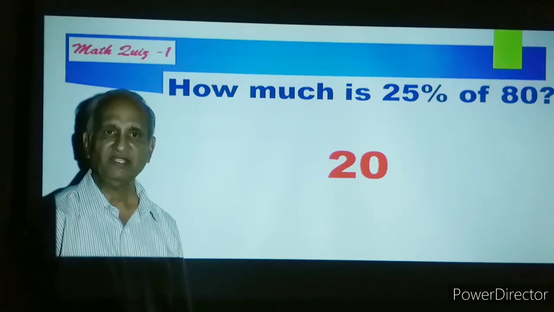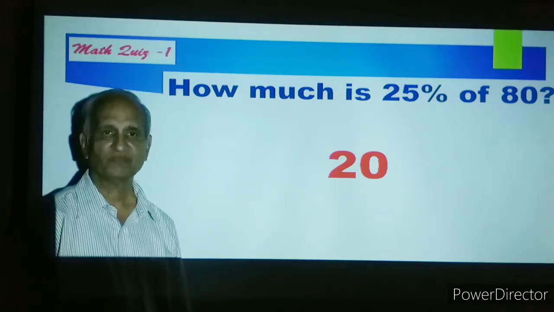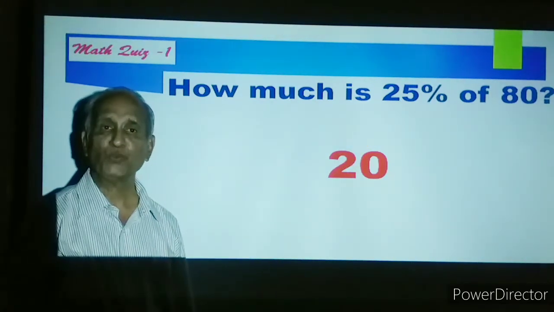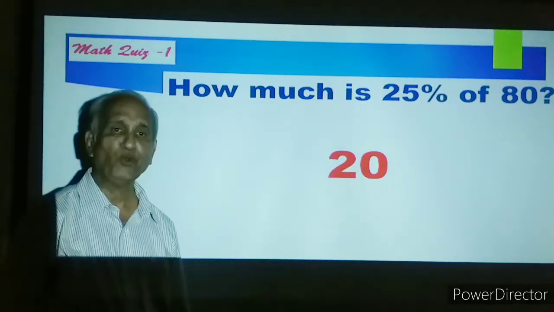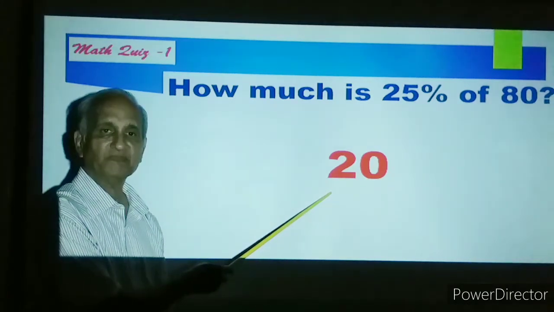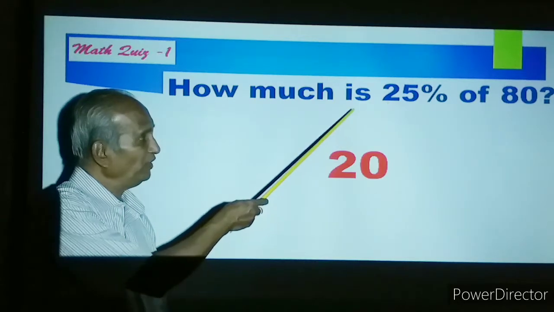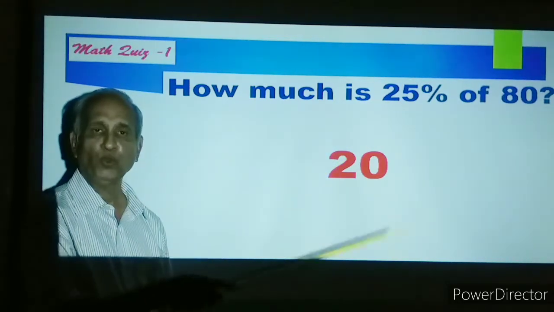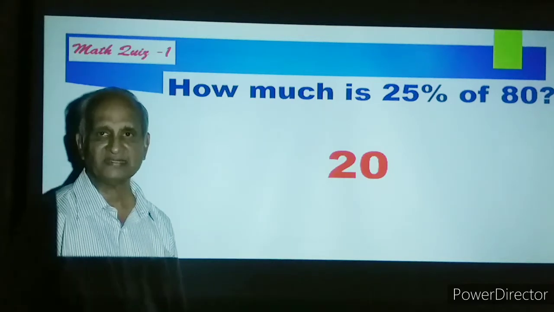If you simplify, it is 1 by 4th. So 25% of 80 is 1/4 part. How much is 1/4 of 80? It is 20. Or even if you work it out mathematically, 80 into 25 over 100, you get the answer 20.